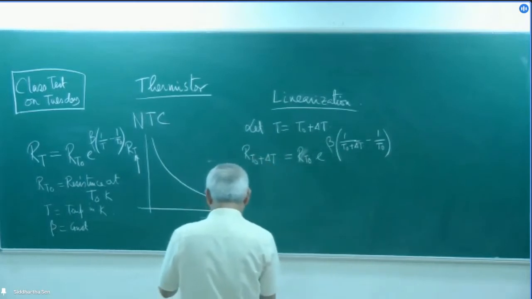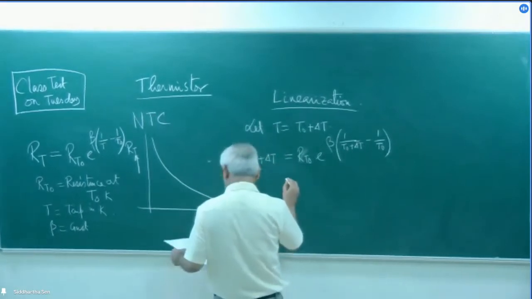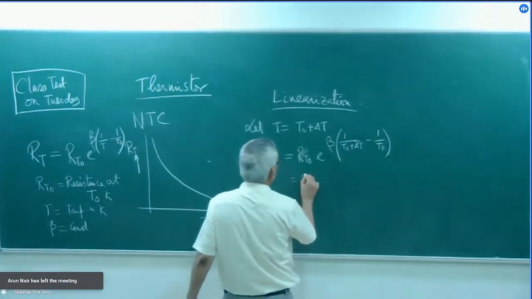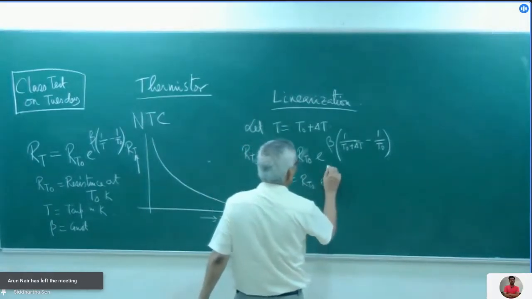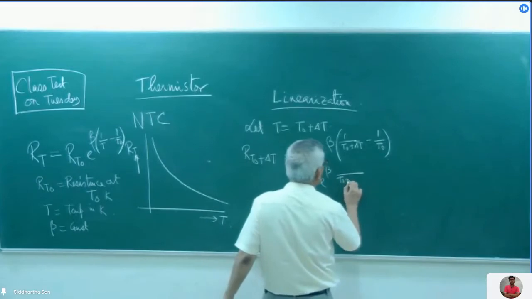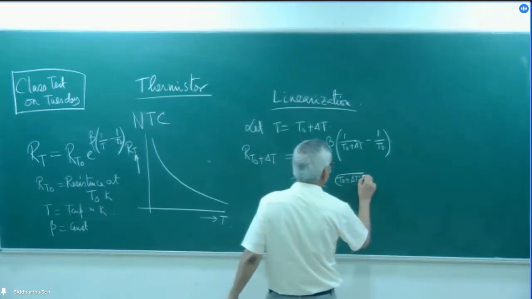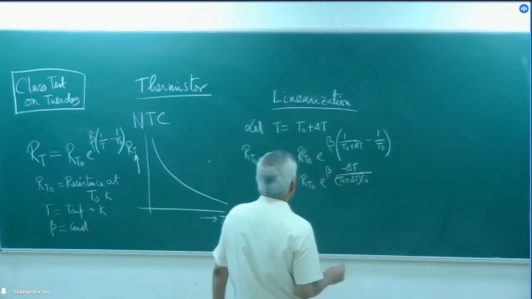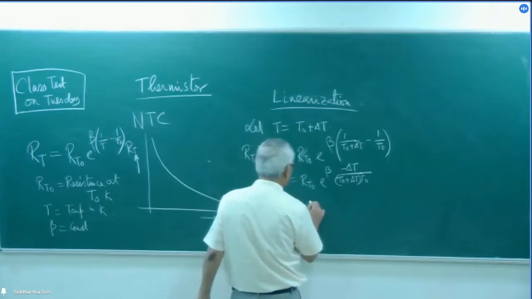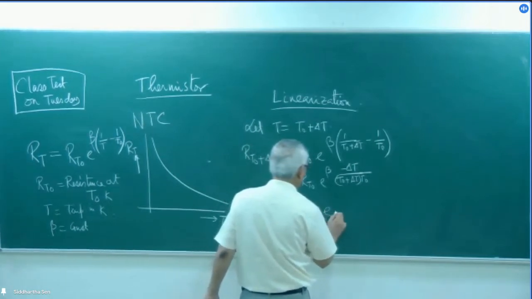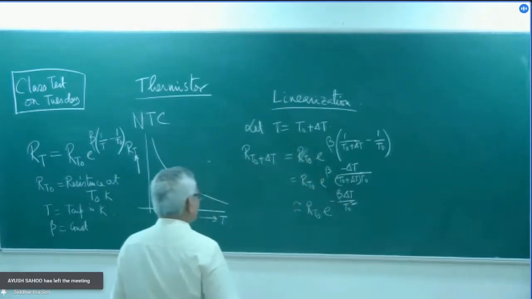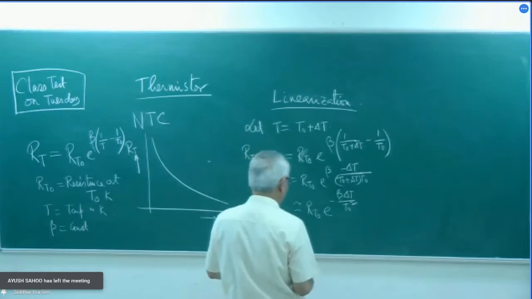This we can express approximately, because it is RT0 into e to the power beta into T0 plus delta T into T0, and here it is minus delta T. So this is approximately equal to RT0 into e to the power minus beta delta T by T0 square.